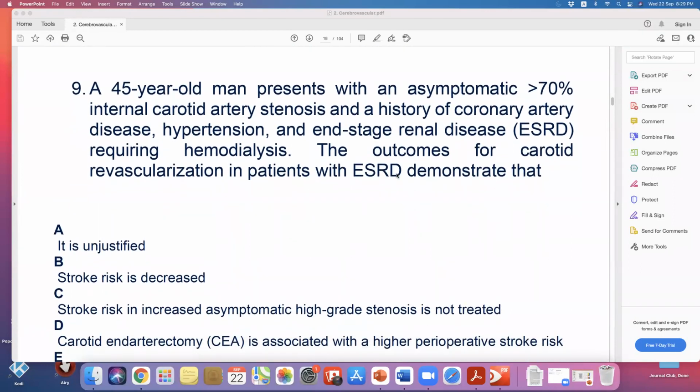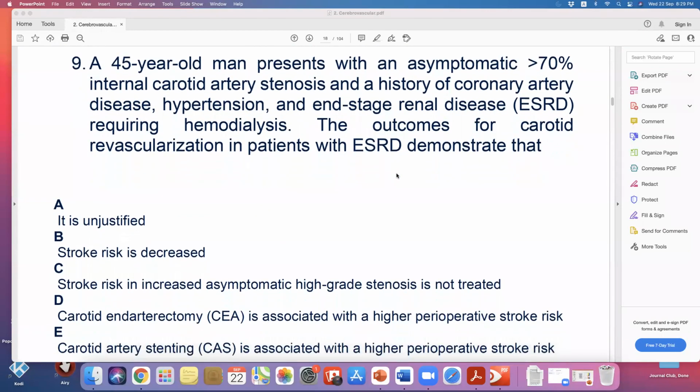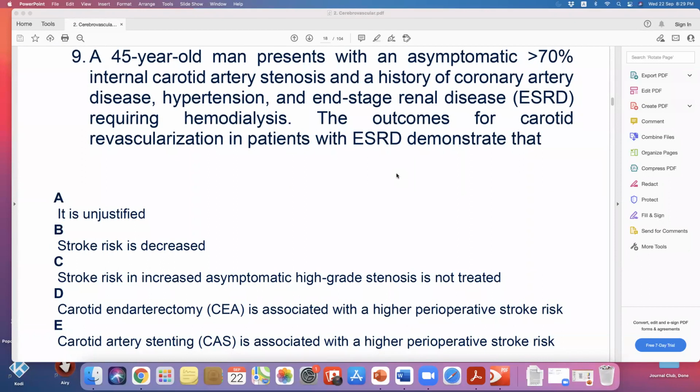Yes. A 45-year-old man presents with an asymptomatic, more than 70% internal carotid artery stenosis and a history of coronary artery disease, hypertension, and end-stage disease requiring hemodialysis.